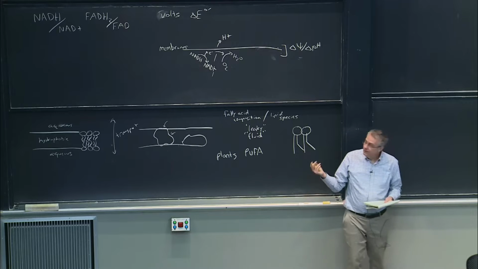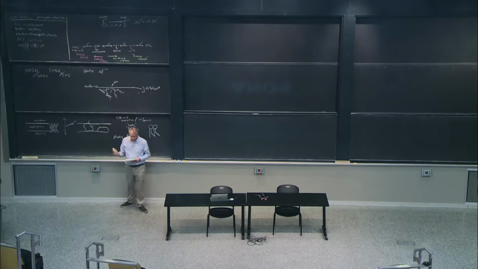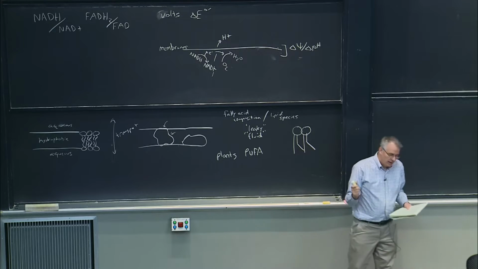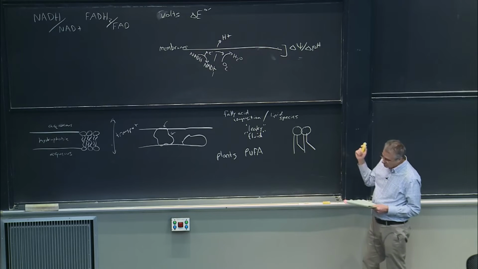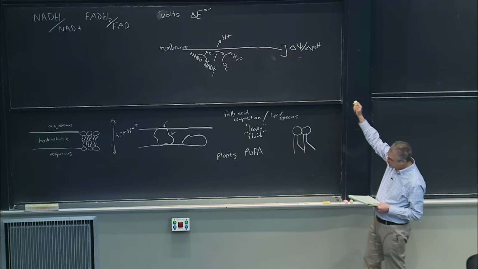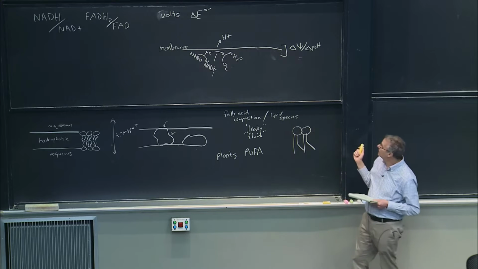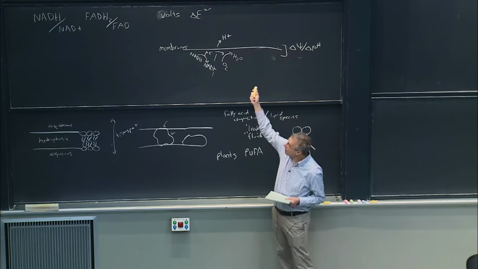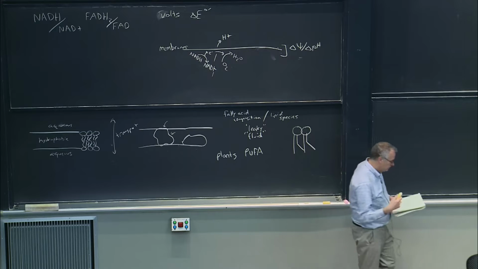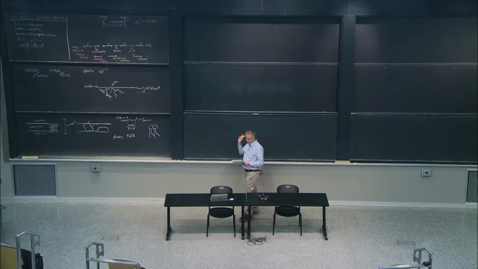All right? Now, how this membrane charging occurs, again, is really taking advantage of favorable electron transfer across a series of redox pairs, ultimately to oxygen or another good electron acceptor. And it's really that favorable electron transfer that's being coupled to this pumping of proton ions to charge a battery. That's the oxidation part.